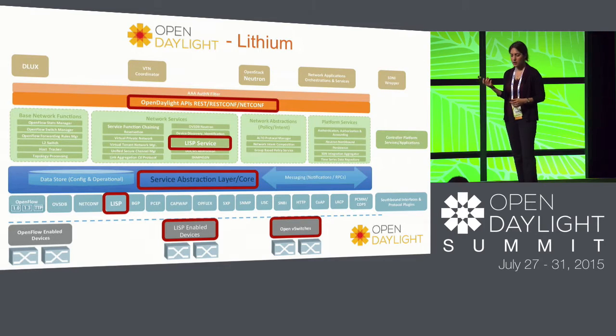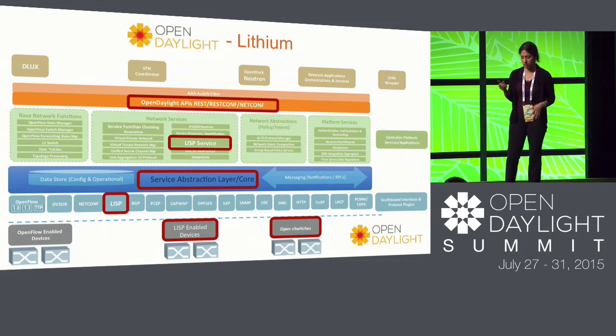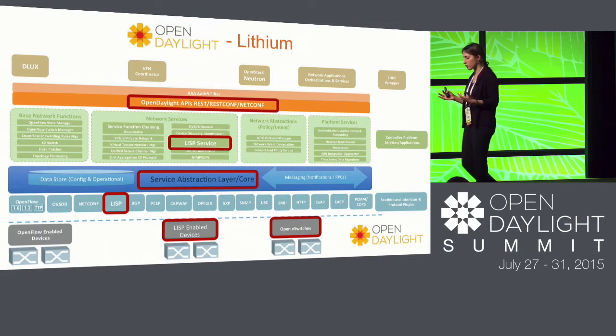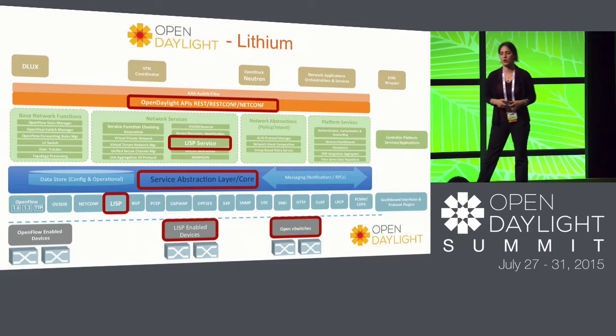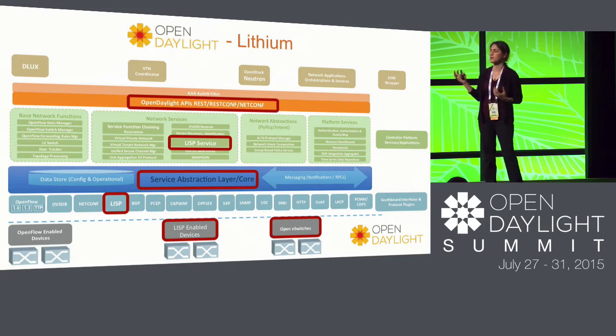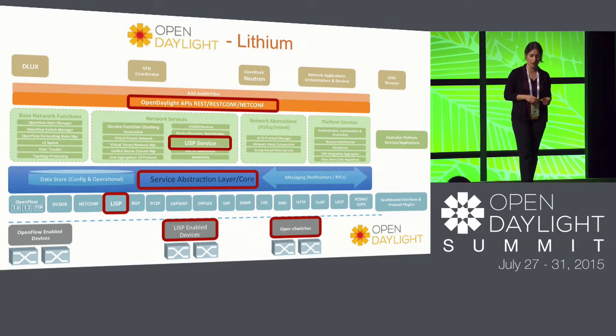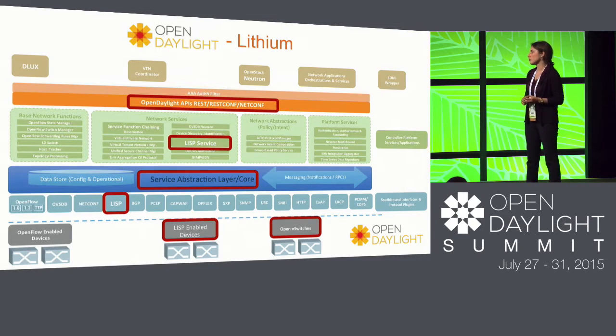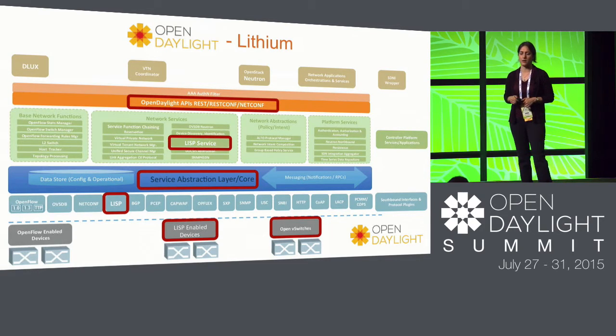We also have data plane support in OpenVSwitch, so we can use OVSDB and OpenFlow to emulate the Lisp control protocol, but fetch the mappings from the Lisp service. That's one of the things we're working on to make more automated later on, but even now we can have an overlay across OVS and Lisp-specific devices.